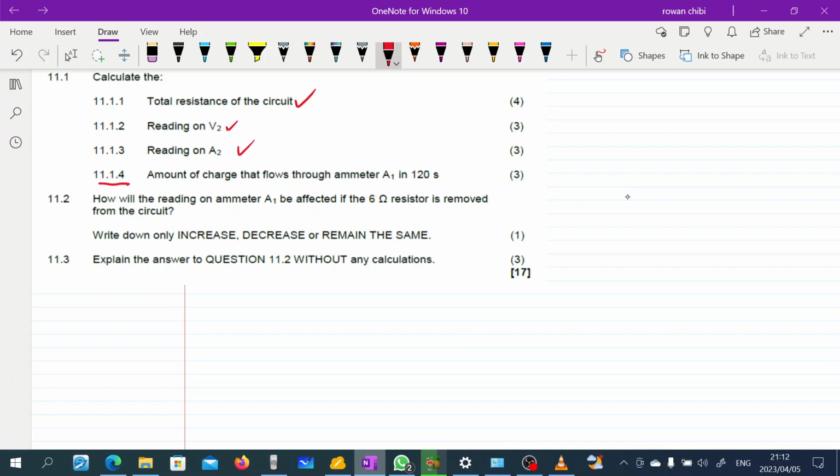The question says, calculate the amount of charge that flows through ammeter A1 in 120 seconds. That is the time, 120 seconds. So now they want the charge, they want Q. They gave us the time, they want Q on A1.